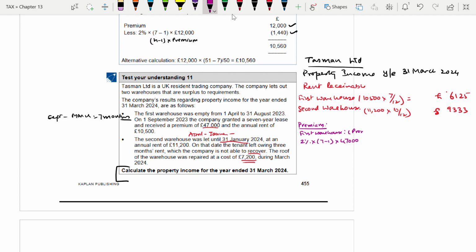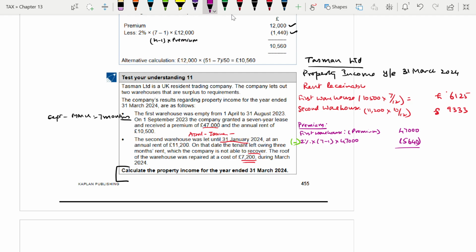How much will you get? 47,000 times 6 times 0.02, that is 5640.